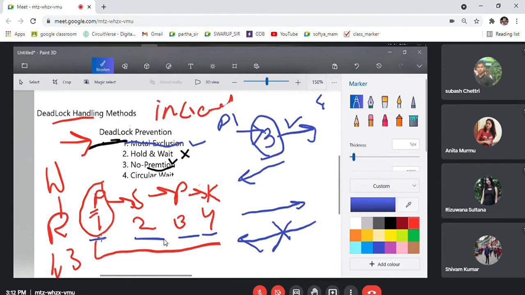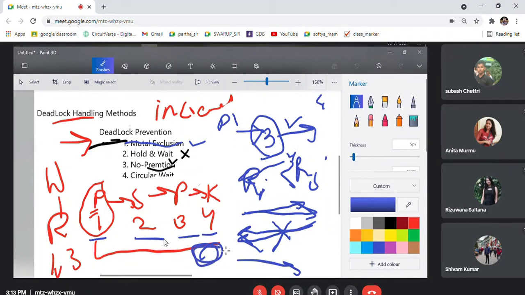If it is requesting 1, Rj is not greater than Ri, so don't assign. If it is smaller, put it in the waiting state. We allow forward and do not allow backward. That means with only forward, a circle will never be created. There will only be a line. This way we can prevent deadlock from happening if we make sure one of these conditions never holds.